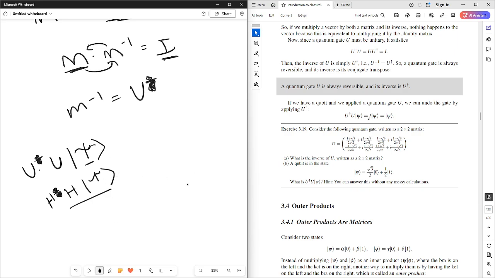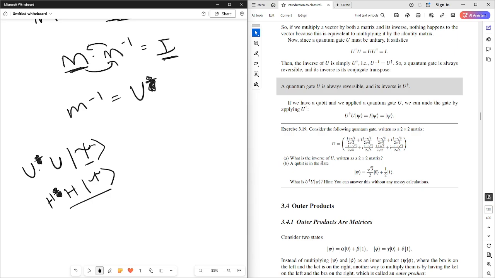In this example here, in 3.19, I'm not sure if I worked through this one on paper. I did not. But we would come in here, we would take U, we would transpose it, and then we would flip the signs of all of our complex numbers.